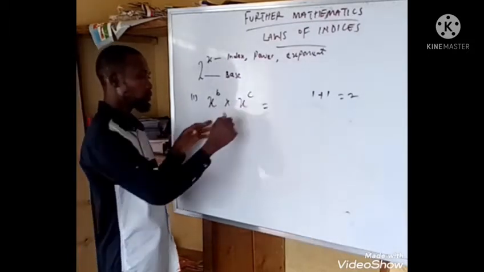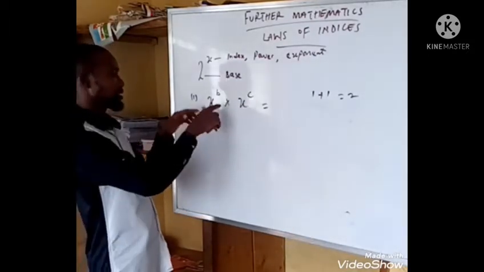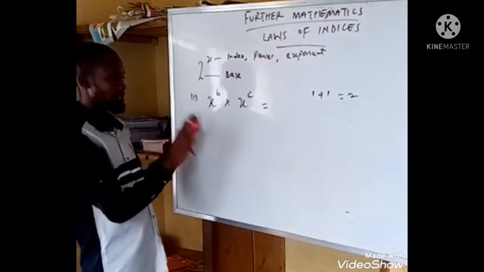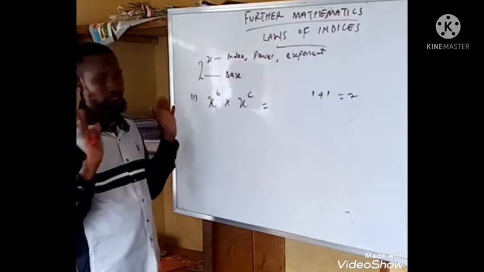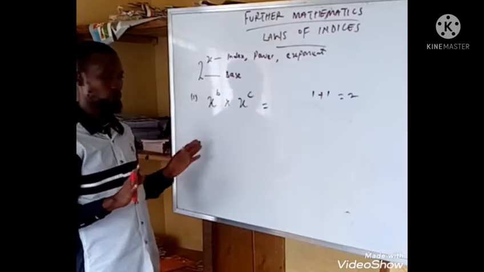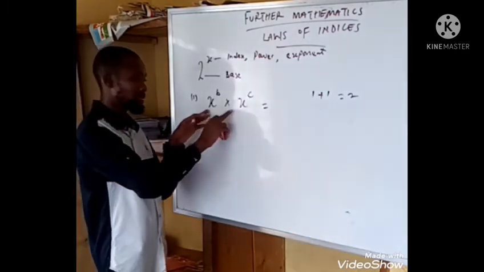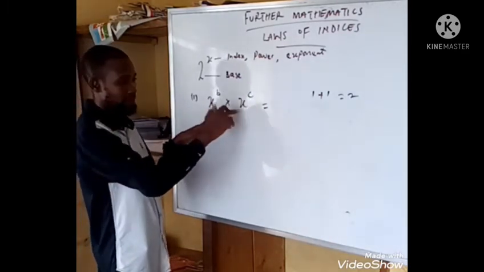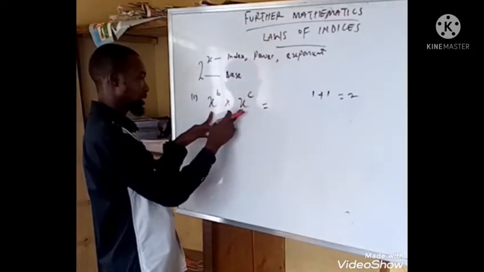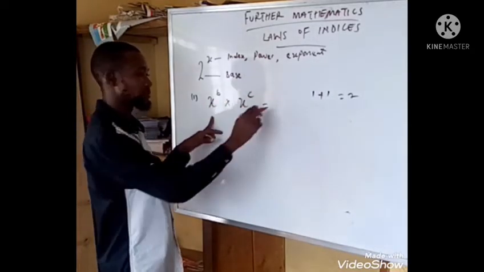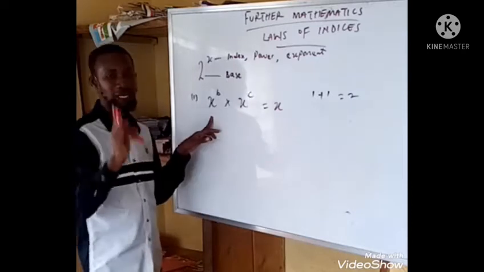Now, what the first law is saying is this: the two bases have to be the same thing. Once the bases are not the same, the first law doesn't have anything to do here. Since the bases we have here are the same, we are indifferent as to whether this or this, so one of the two bases can be taken.